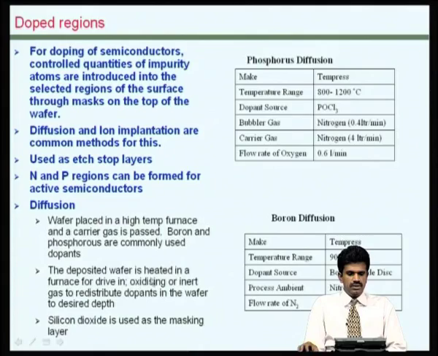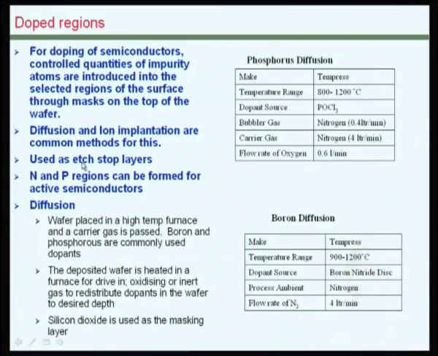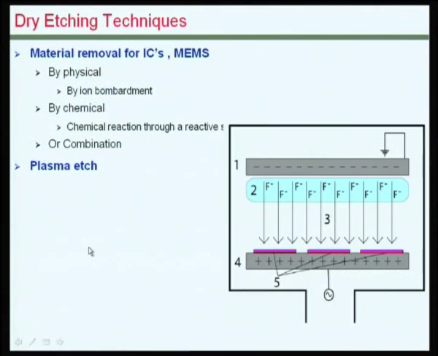So, we can dope the desired thickness of the semiconductor by suitably choosing the process conditions. We select the region where it is getting doped by using mask layers. Typically, silicon dioxide could be used for that purpose.